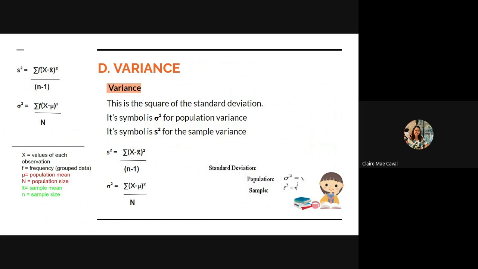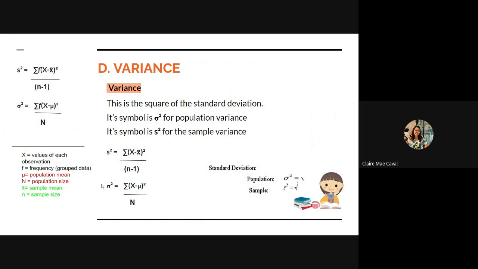So, yun yung variance. Its symbol is the same with your standard deviation, but this time it is squared, kasi nga this is the square of your standard deviation, meaning your standard deviation is the square root of your variance. Okay? So these are the formulas for variance. It's the same with standard deviation, but this time walang square root, okay? Kasi squared siya.